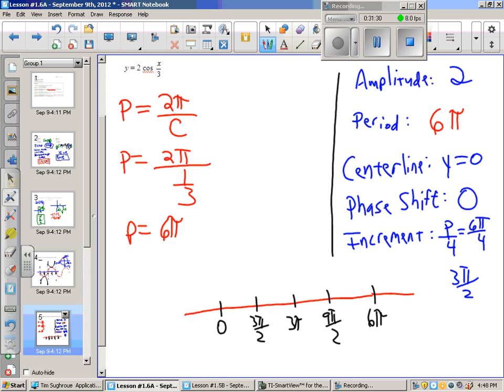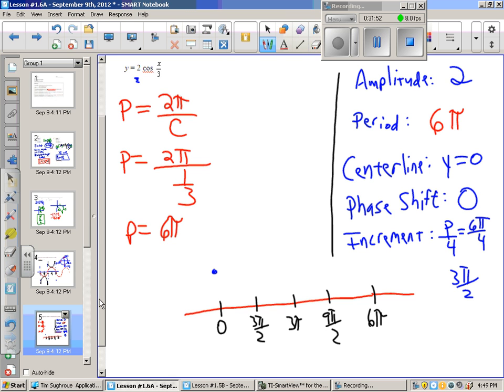If the coefficient of the cosine function is a positive amplitude coefficient, you will always start above the center line. If this was a -2 instead of a +2 in front of the cosine, we would start below the center line. We would start down here, but that's not what we have in this particular problem.